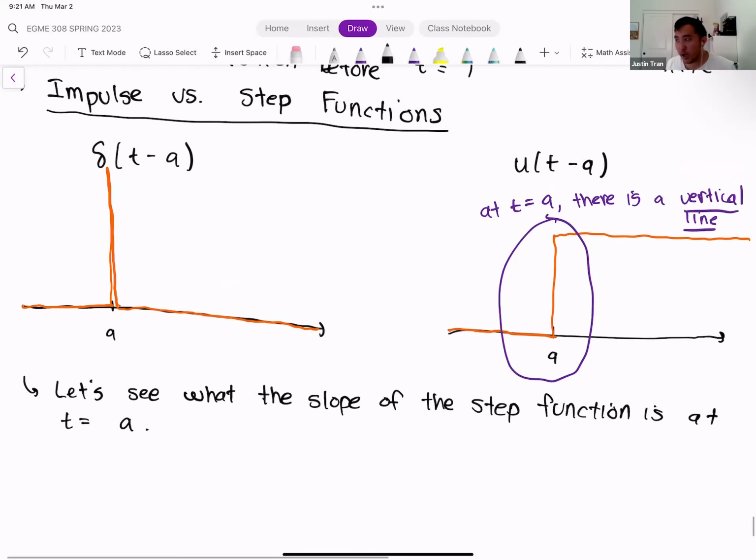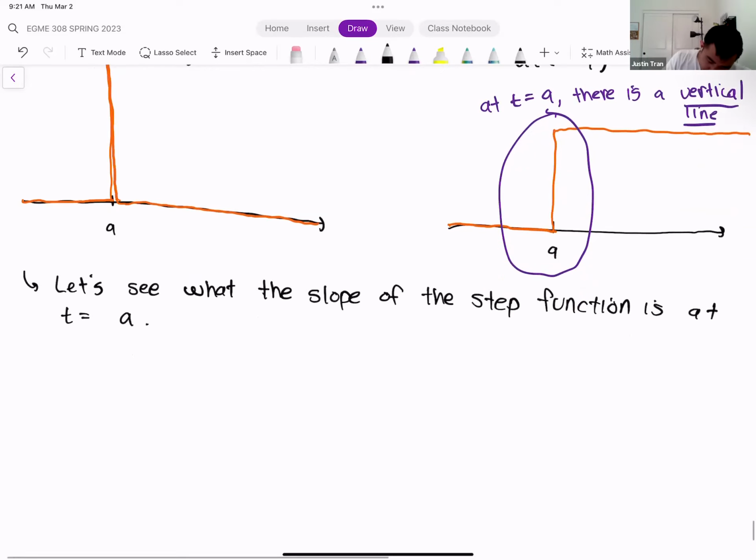All right, and so if you remember from calculus, when you have a vertical line, what's the slope of a vertical line? What's the rise over run for a vertical line? It's infinity, right? Undefined, exactly.